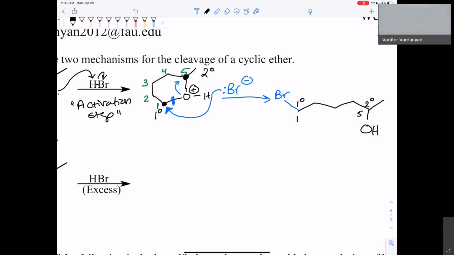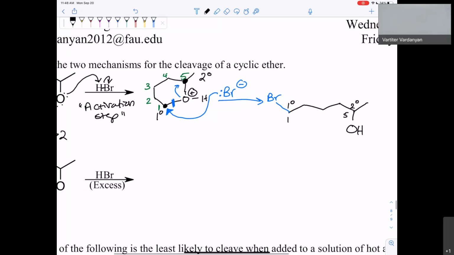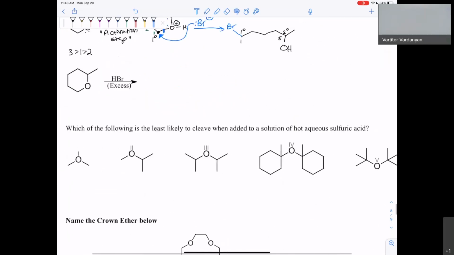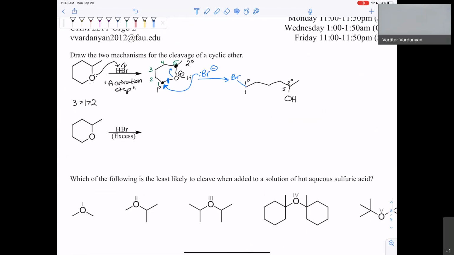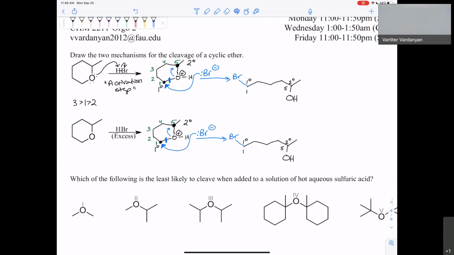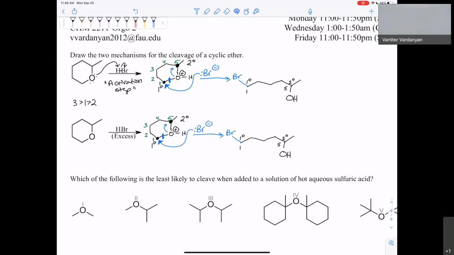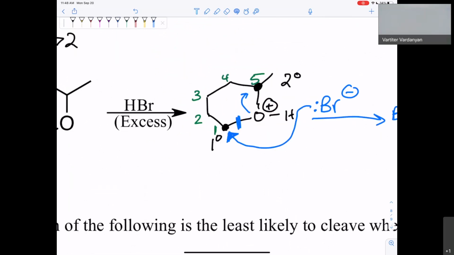Any questions? So the second reaction is almost exactly the same. I'm going to copy and paste the first step. Yes, it's going to do the reaction twice because we have excess HBr.